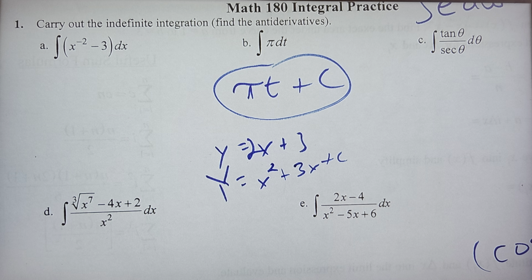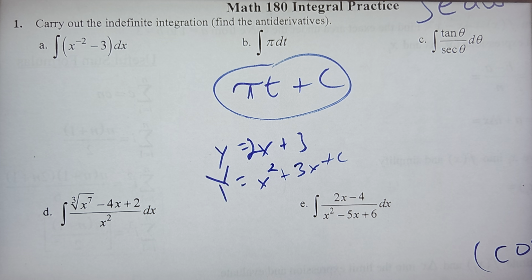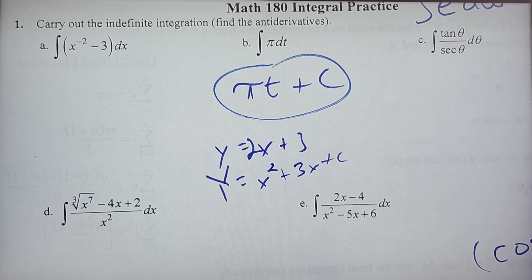Part A. So 2 over x minus 3, and then you integrate. On the bottom for E you factor it.